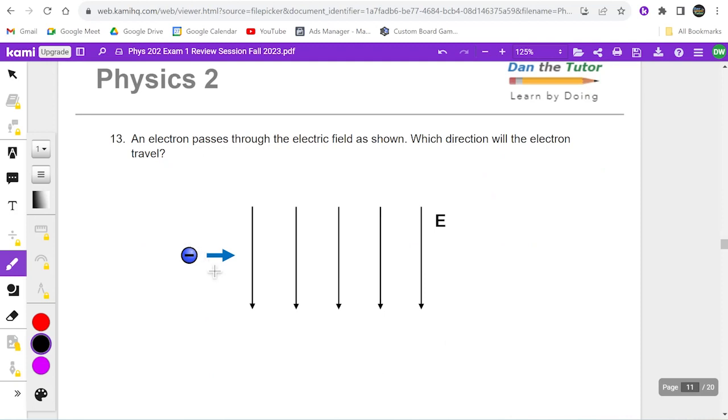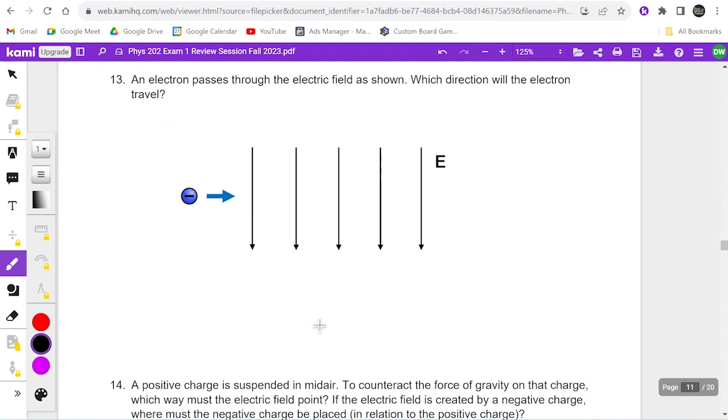And with that, we have number 13. Number 13, I don't think you will get right, no offense, but I'm going to ask it anyway. An electron passes through the electric field as shown. Which direction will the electron travel? To answer this question, you need to remember how charges interact with electric fields. And what do I mean by that?